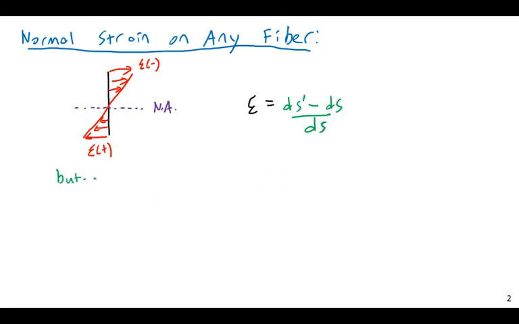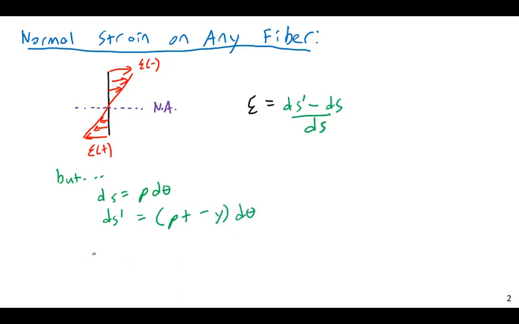But we have a few other things. We also know that ds equals rho d theta, and that ds prime equals rho plus negative y times d theta.